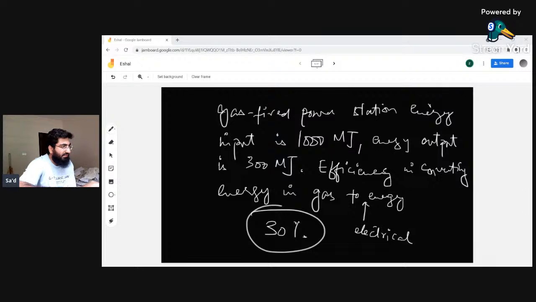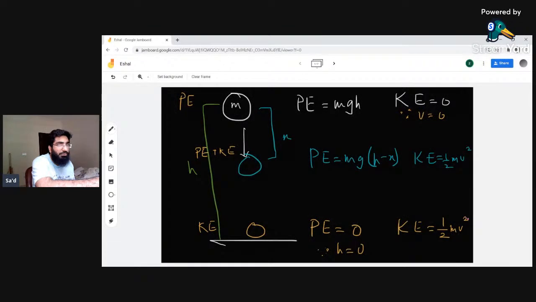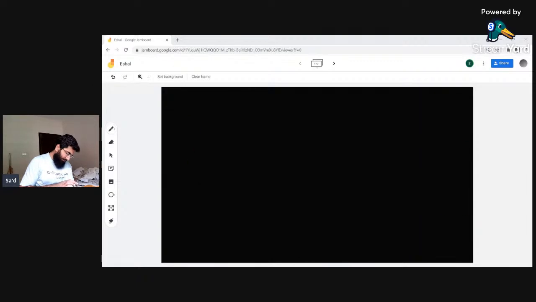Similarly, the law of conservation of energy tells me that energy lost is equal to energy gained. So let's say I'm losing mgh and I'm gaining half mv squared.